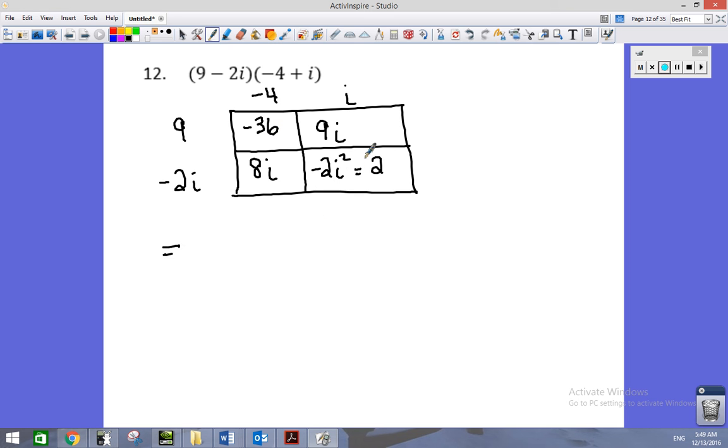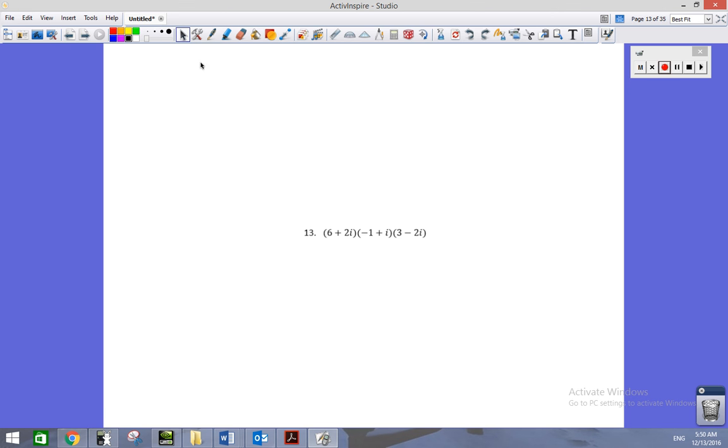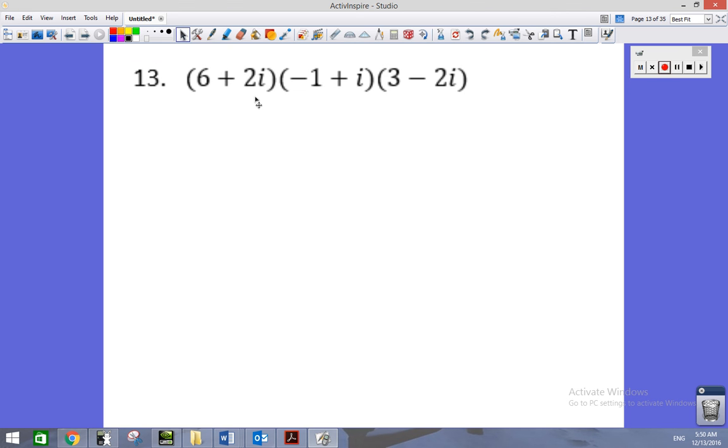Since i squared is negative 1, this becomes 2. If I add along this diagonal, I get negative 34. If I add along the other diagonal, I get 17i, if I've not made any silly type of mistakes. I don't see any conjugates, so I'm just going to multiply the first two.